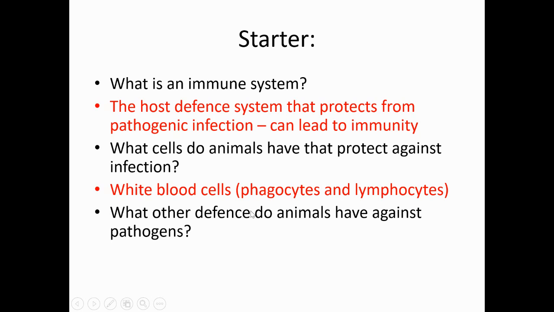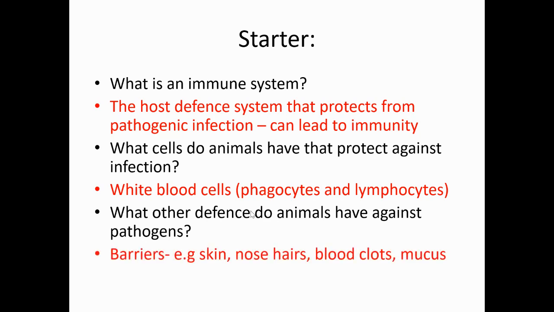What other defense do animals have against pathogens? Well, we have barriers. We have all sorts of interesting barriers like our skin, but also we've got ones like nose hairs, which will catch the dust and the germs on their way in as we breathe in.